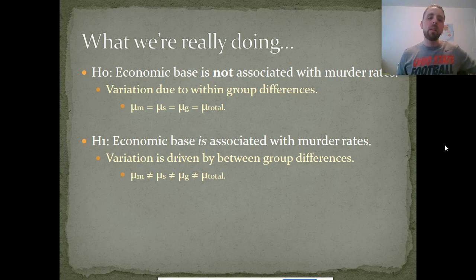Put another way, the rate that we see in manufacturing cities is different from the rate that we see in service cities, which is also different from the rate that we see in governmental cities, which in its totality is different from the rate that we observe within all cities, regardless of group. If there's a difference there with any one of those, it will trigger a rejection of the null hypothesis.